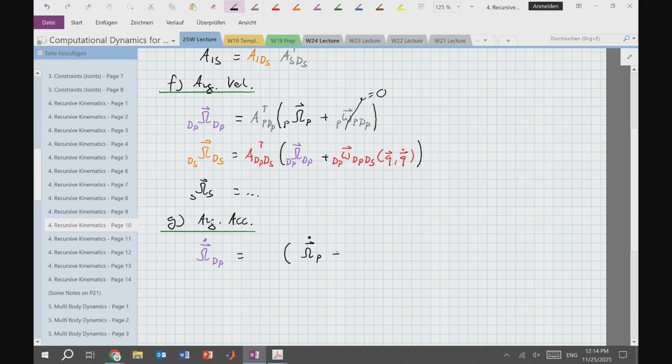I will write that as a 0, because we already know, right, this is not going to have any relative angular acceleration. Now I want to express this in dp coordinates, and this is given in predecessor coordinates, so all I need is to add a transformation matrix ap dp transposed.